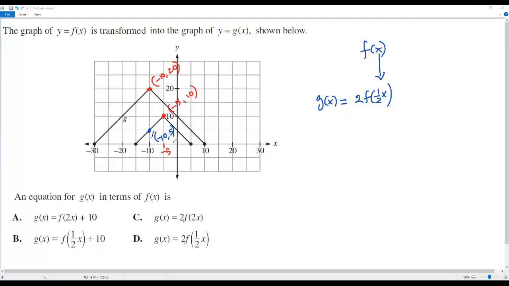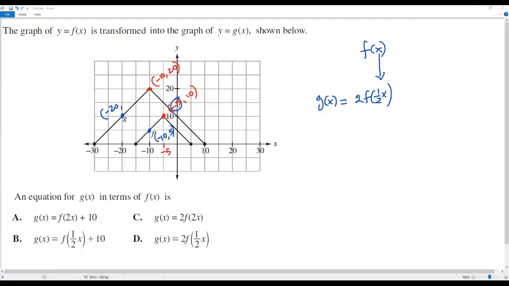Now let's consider a point on g where the x-coordinate is 2 times this value, because we already got a horizontal stretch by a factor of 2. We multiply negative 5 by 2 to get negative 10. The same way, I multiply this negative 10 by 2 and get negative 20. So a point on g here will have the x-coordinate negative 20.